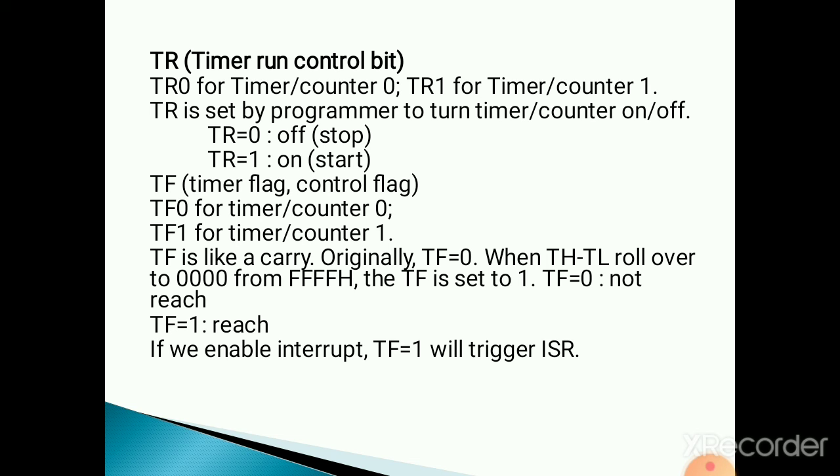When this bit is high, timer 1 is turned on, and when low, timer 1 is turned off. Next is TR0, meaning timer run bit 0. This bit turns timer 0 on: high means timer 0 is turned on and low means timer 0 is turned off.